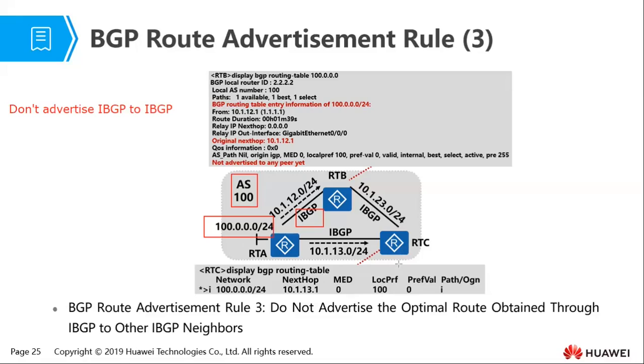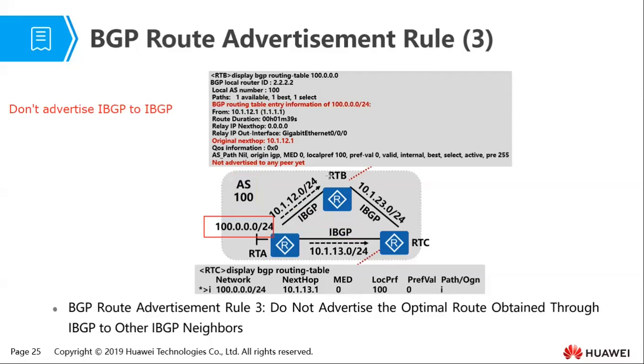It also advertises that route 100.0.0.0 to RTC via IBGP. So that's why in RTC, for example, if you do display BGP routing table, you can see that the 100.0.0.0 network is installed in the BGP routing table because it has been advertised through IBGP.